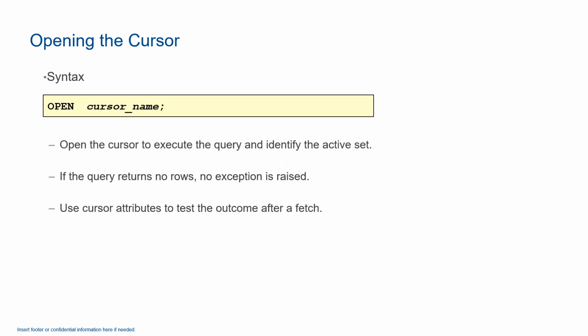Now opening the cursor. The syntax is open cursor name. First we declared a cursor, and now we are opening it. The main points associated with opening the cursor: open the cursor to execute the query and identify the active set. If there are 5 lines, we have declared the cursor for all 5 lines, and now we are opening it. If the query returns no rows, no exception is raised.